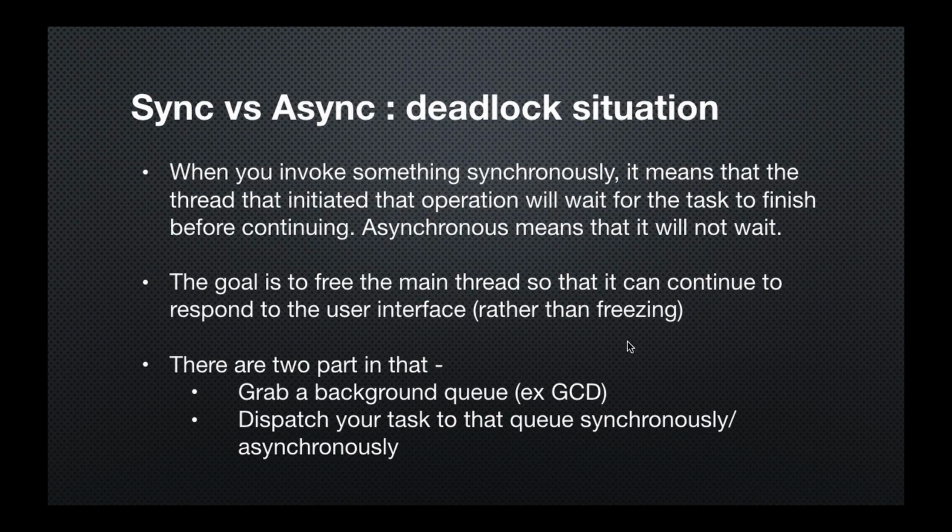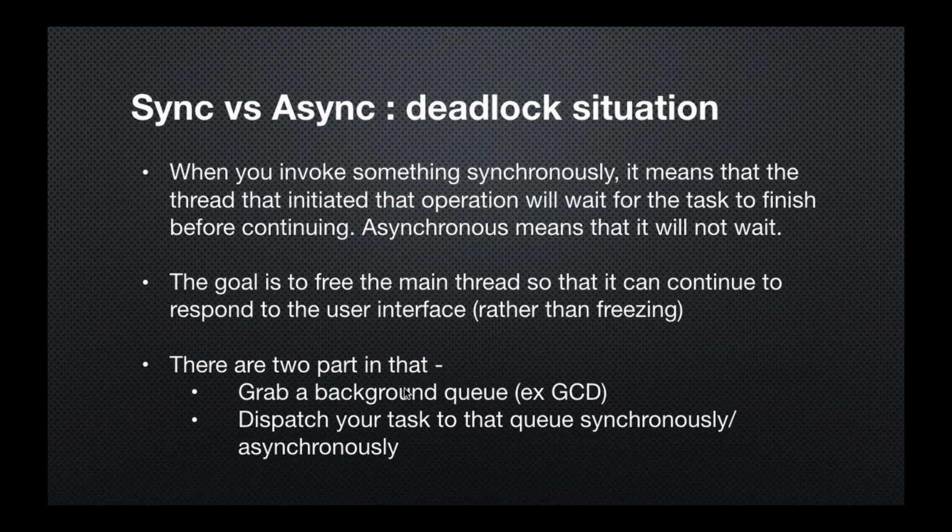It is not freezing, right? For that we have to perform that operation in a background thread. Even in the background thread you can do it synchronously or asynchronously. If you do it synchronously, it will do those operations one by one, and then it becomes slow. If you do it asynchronously, then it will be faster.